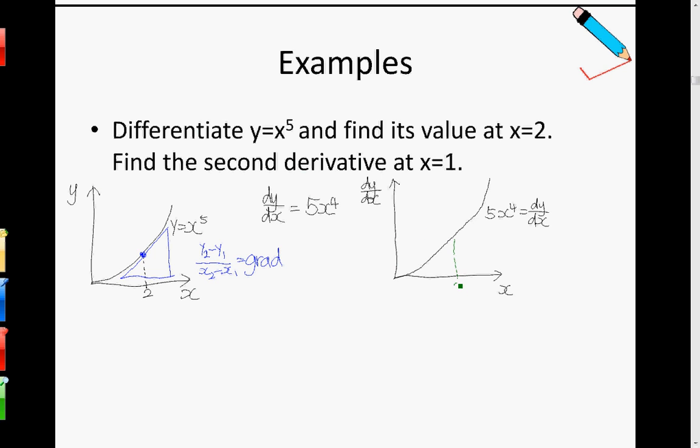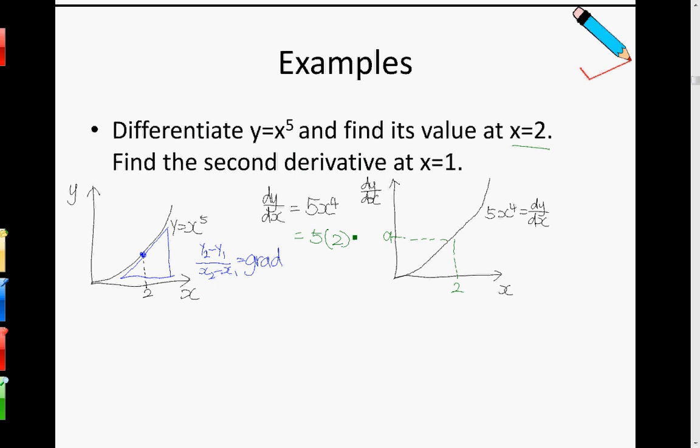So for example, I find x equals 2, and I will just have to take this value here. This value here I call a. So a would actually just be equal to the gradient over here. So what's this value of a? Let us work it out. We have to find it at x equals 2. So it is just 5.